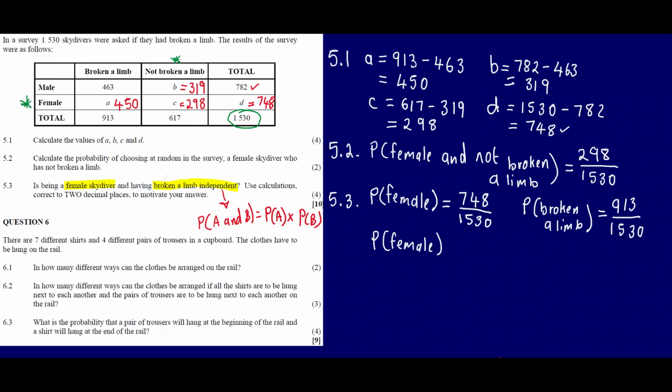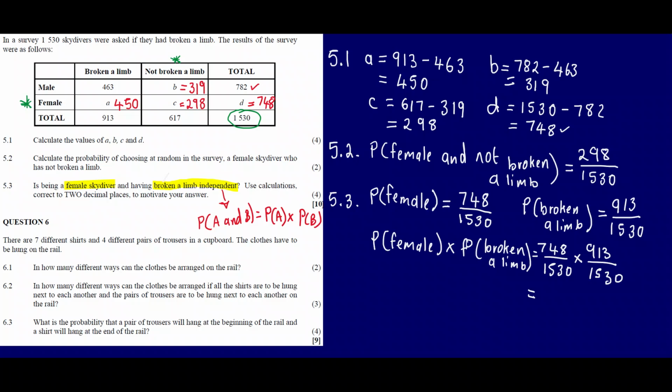We can now take the two numbers, the probability of the female and the probability of broken a limb, and multiply them. We get those probabilities separately, and we multiply them. So the probability of broken limb, I multiply with the probability of the female. This is going to be 748 over 1530 times 913 over 1530.